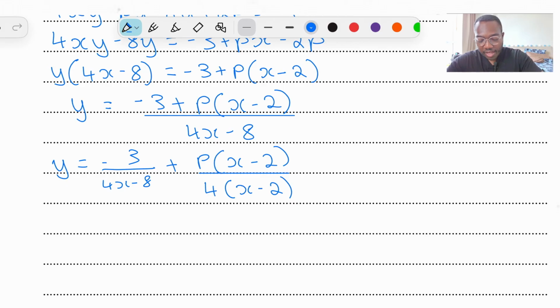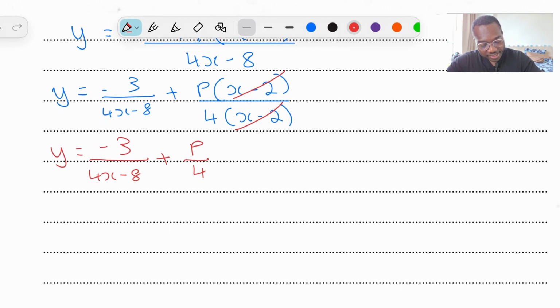And now, because of that, we can just cancel out the x minus 2. Therefore, we're left with y is equal to minus 3 over (4x minus 8), plus p over 4. And if we want to write that in the exact form they have, then we just need to move it around. So that'll be y is equal to p over 4 minus 3 over (4x minus 8).